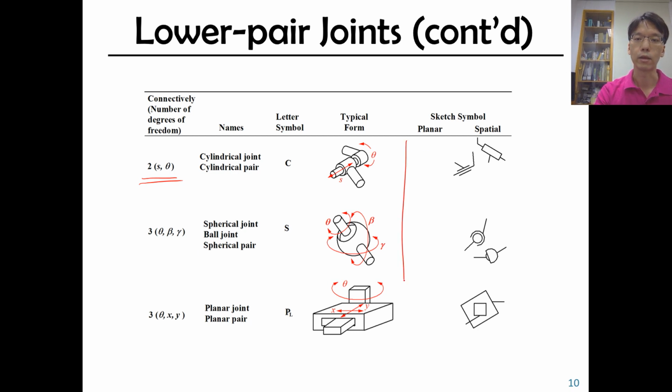Again, there are no planar symbols for all the joints on this page, because they only happen in the 3D case. And there's also a spherical joint. A spherical joint is also called a ball joint. You have probably seen this before.